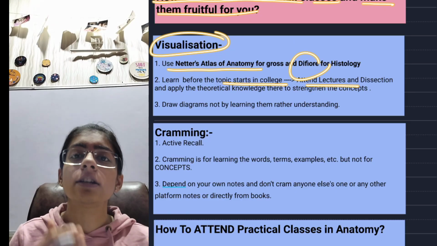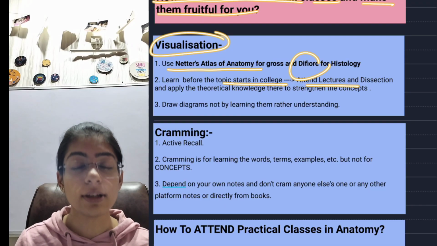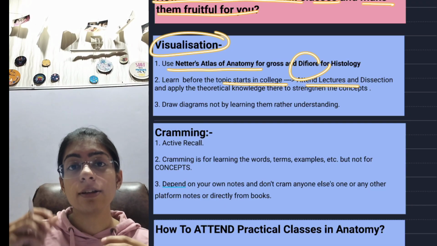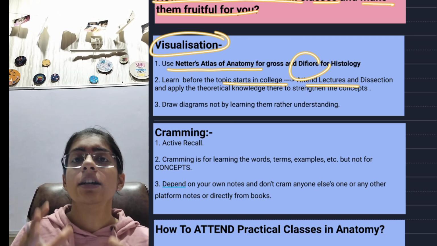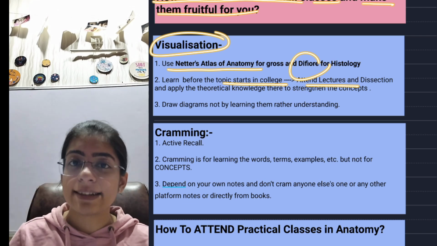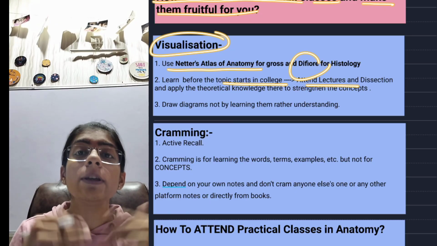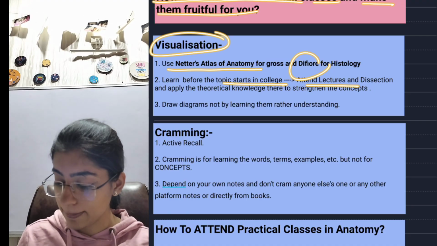If you have already learned about, for example, the coronary arteries of the heart, then when you see that specimen, or when the teacher is demonstrating it for the first time, it is a kind of active recall, and this kind of learning will be very beneficial and fruitful for you.